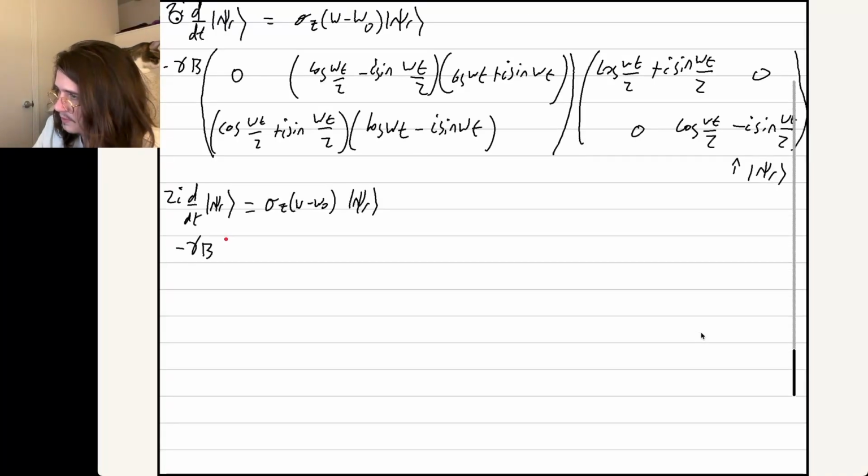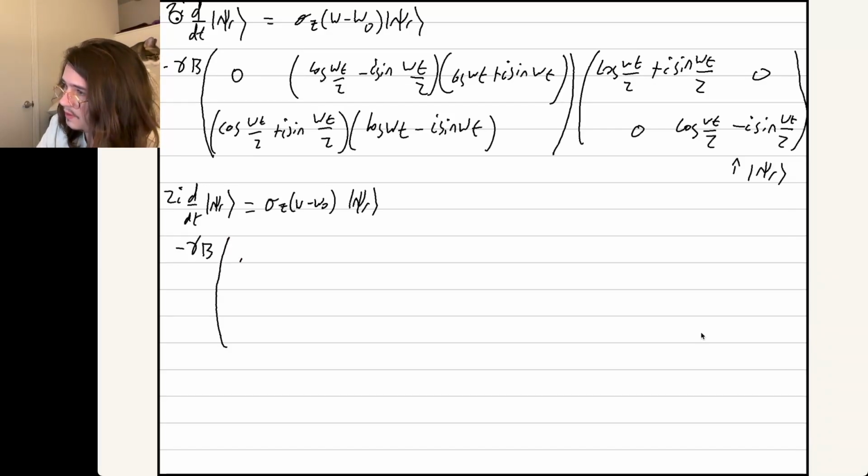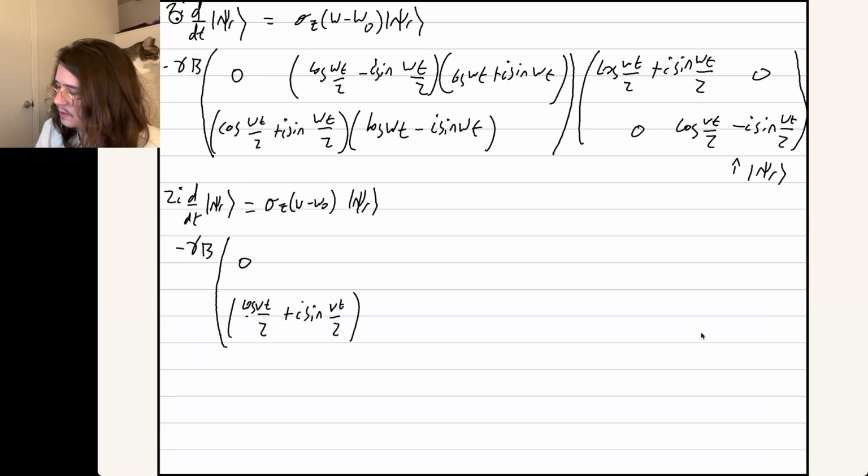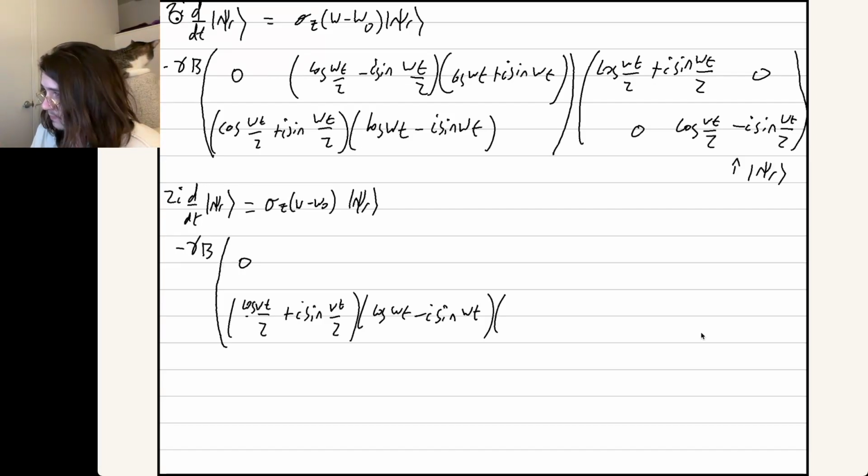Minus gamma B, and then this is one big stupid looking matrix where it's 0. We have cosine omega t over 2 plus I sine omega t over 2. We have cosine omega t minus I sine omega t. We have cosine omega t over 2 plus I sine omega t over 2.